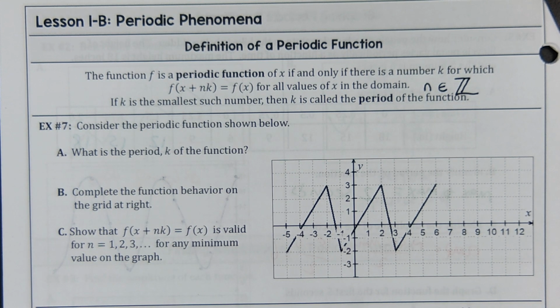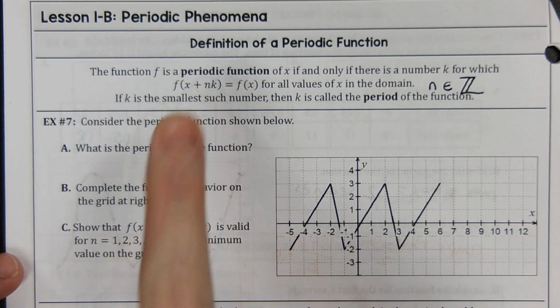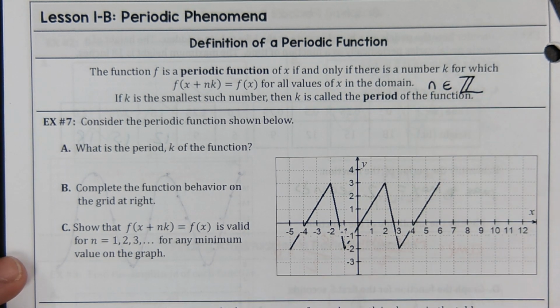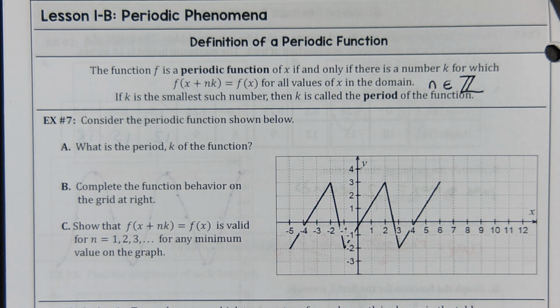Double struck Z is what that symbol is called. That means integers. Because if n was any positive or negative or 0 whole number, then all you've done is shift left or right a number of periods, so you'll get the same graph. This says the number n is an element of the integers, a whole number multiple. It's kind of like for sequences, how the term number had to be a whole number. Same idea, only now negatives are allowed.